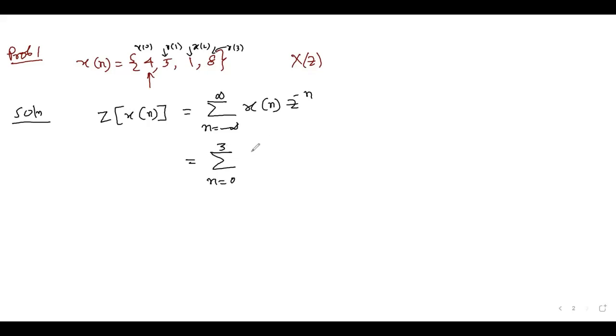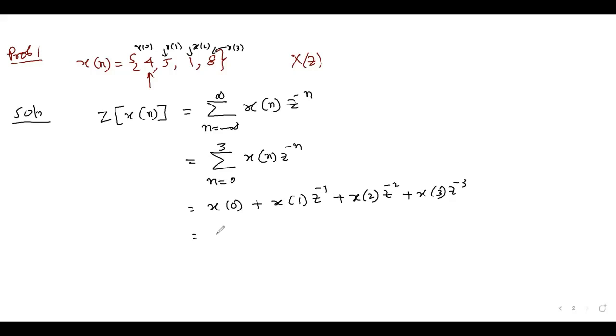Look here, this is the origin, 1, 2, 3. It is not given, so all are 0. So this will be x[n] z to the power minus n. That means x0 plus x1 z to the power minus 1 plus x2 z to the power minus 2 plus x3 z to the power minus 3.